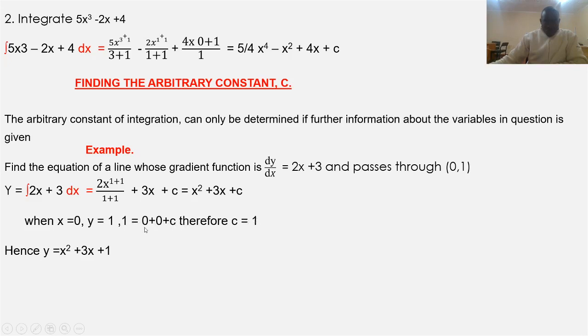Therefore, c equals 1. So if c equals 1, we have a particular equation. Hence the particular equation is y equals x squared plus 3x plus 1. Instead of c, we substitute 1. So that is how we find the value of c to get a particular equation.